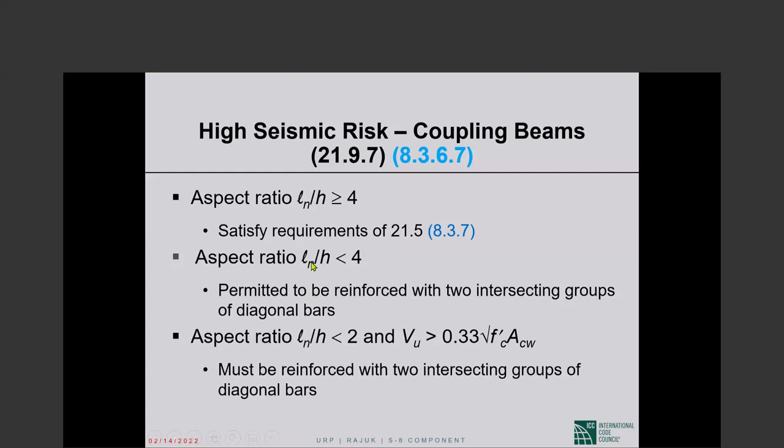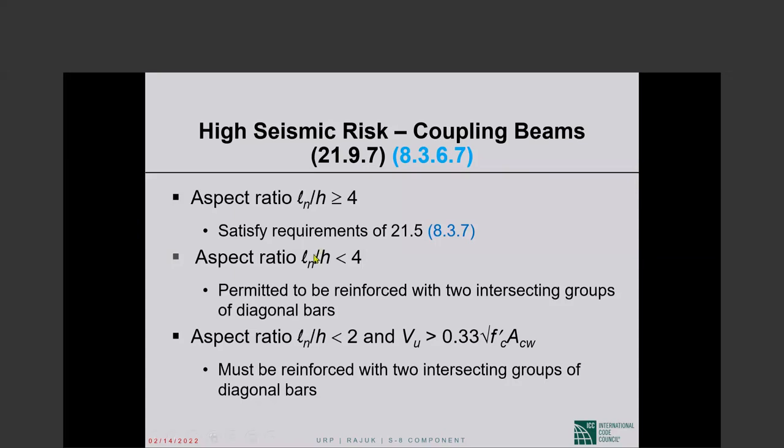If the clear span to depth ratio exceeds 4, you may, but you do not have to, use diagonal reinforcement in your coupling beams, and I'll show you what that diagonal reinforcement looks like. If the clear span to depth ratio is smaller than 2.